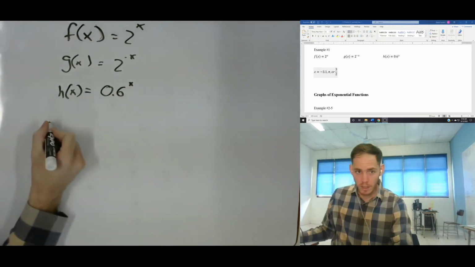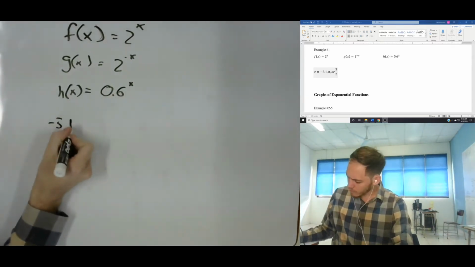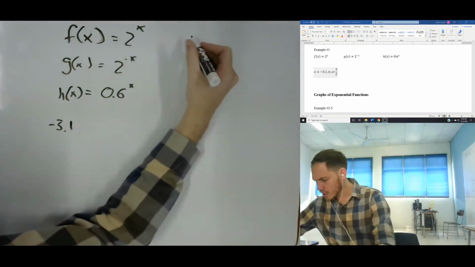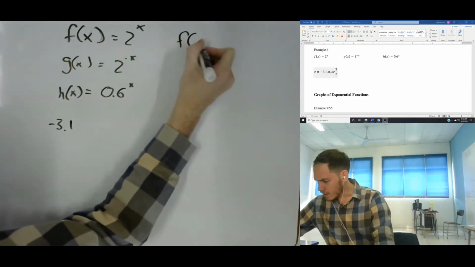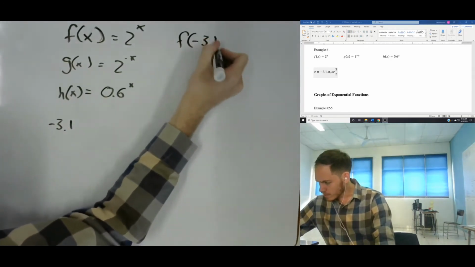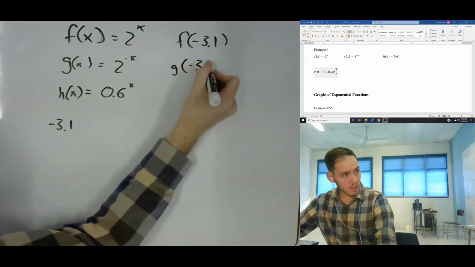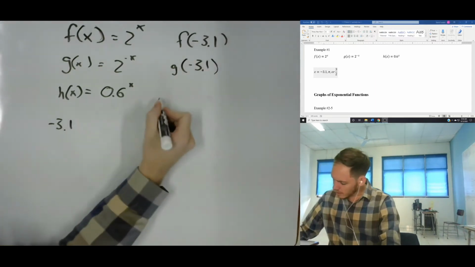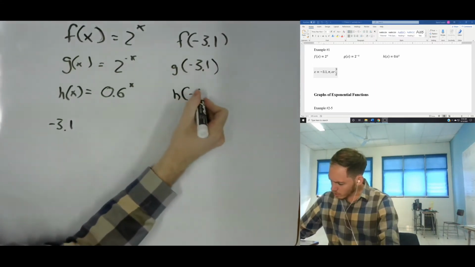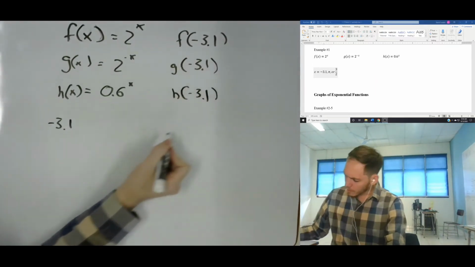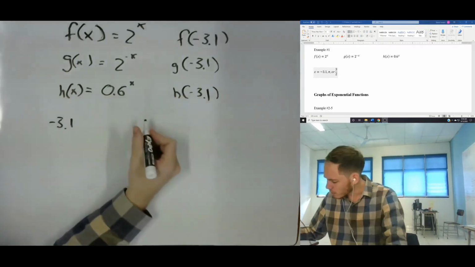So if we're plugging in negative 3.1, you could do this with the calculator. So you do f of negative 3.1, g of negative 3.1, and h of negative 3.1. I'm not going to have a calculator, so I'm just going to show what it would look like.